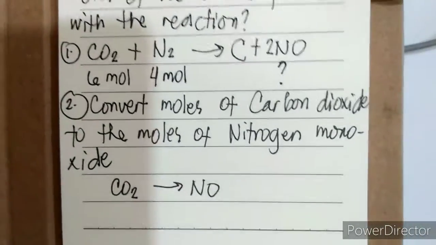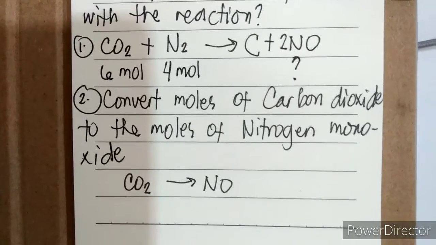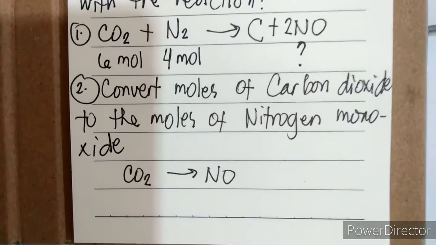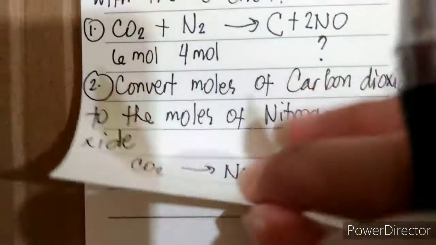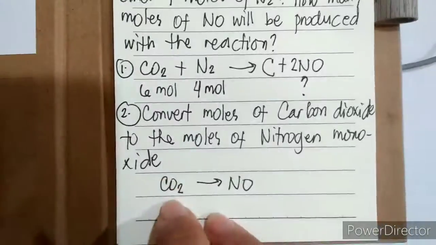So the second step is we would convert moles of carbon dioxide to the moles of nitrogen monoxide. So we have CO2 to NO. As we remember, we have the 6 moles of carbon dioxide.